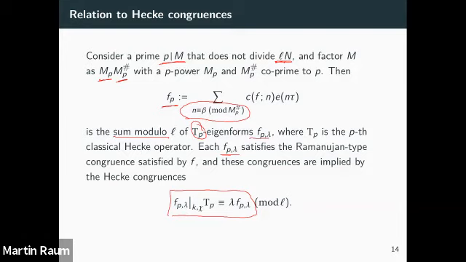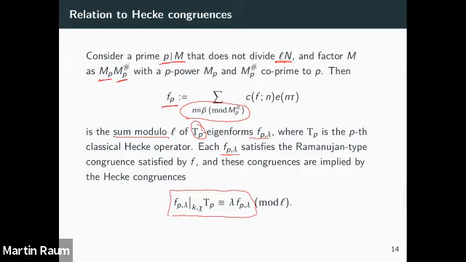So this means when we have a Ramanujan-type congruence in integral weight, away from the level, it is automatically implied by Hecke operators. And why do we need several F_P? Because, we saw this classification of these Ramanujan-type congruences implied by Hecke congruences, it can happen that a Ramanujan congruence is implied by several types of eigenvalues.